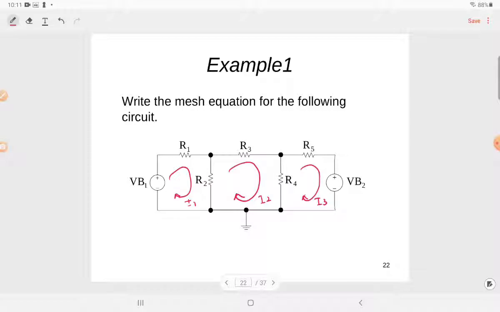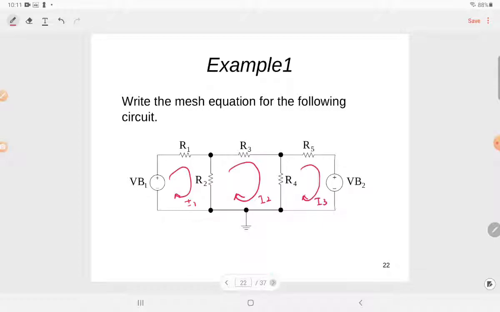Okay, once you have identified how many meshes are in your circuit and chosen the direction of the current for every mesh, we can write our KVL equation for every mesh.